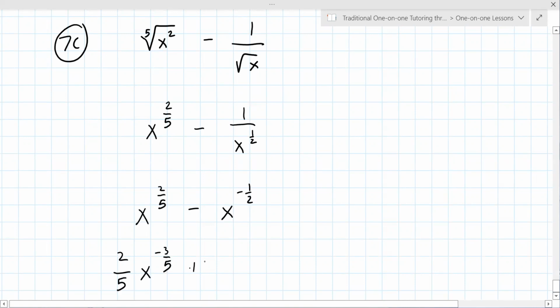Does it become -1/2 because you are moving it from the bottom? Yes. Becomes negative. Good.